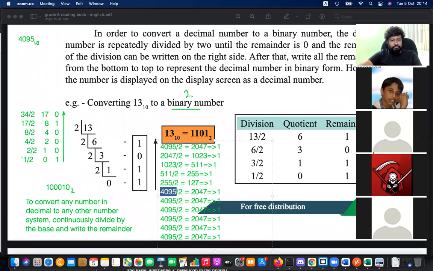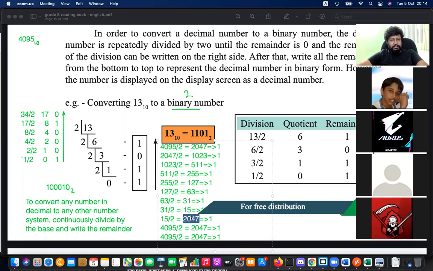Then 127. 63. 63, correct. 31. 63 divided by 2 is 31. 31 divided by 2 is 15. 15 divided by 2 is 7. 7 divided by 2 is 3. 3 divided by 2 is 1. 1, remaining 1. And that 1 again you divide by 2, that is equal to 0, remaining 1.